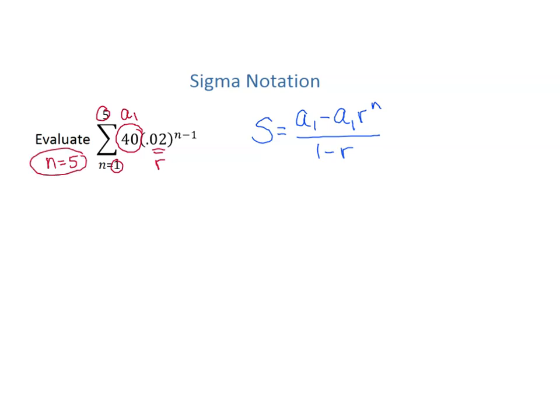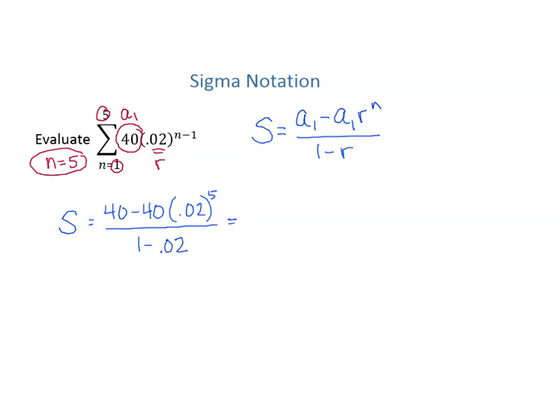So now we just plug it all in. So I get 40 minus 40 times 0.02 raised to the 5th, all over 1 minus 0.02.